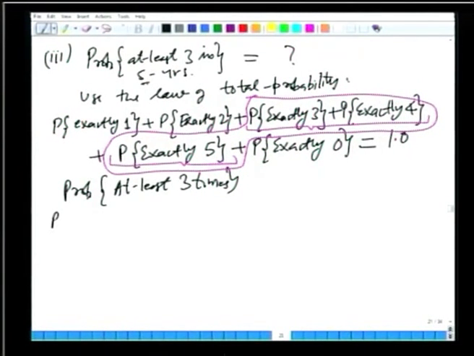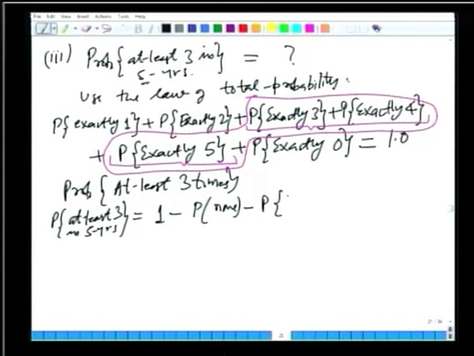So that you can say the probability of at least 3 in 5 years is going to be equal to what? 1 minus P of none, minus P of exactly once, alright, minus P of exactly twice, okay, by this equation.